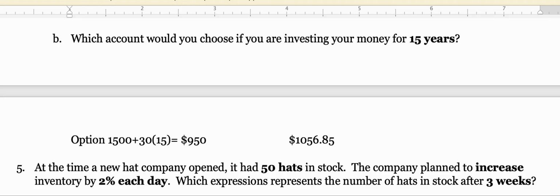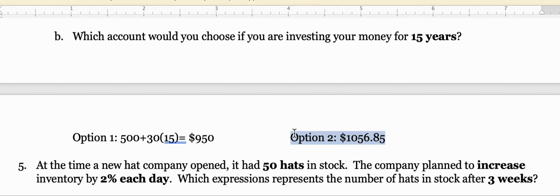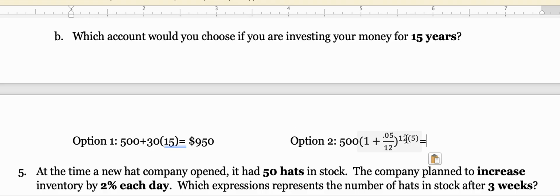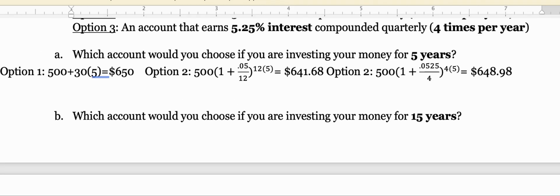Option 1. Okay, option 2, and that was this equation, and instead of 5, it was 15 inside the parentheses. Now we have option 3, and again, I'm going to just copy and paste this.